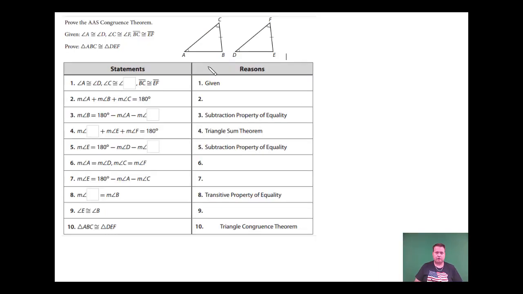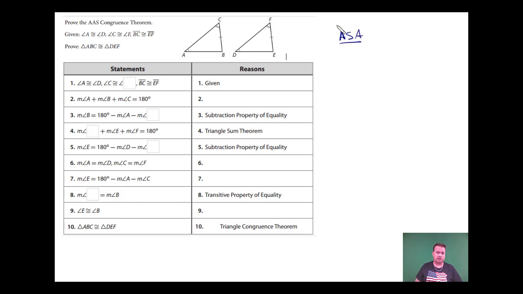Okay, we're going to go ahead and prove the angle, angle, side congruence theorem. Here you can see that I have angle A and angle C are congruent to angle D and angle F. And here's how this works. In order for me to show that these 2 triangles are congruent, I have to use something else that I've already used, which is angle, side, angle.